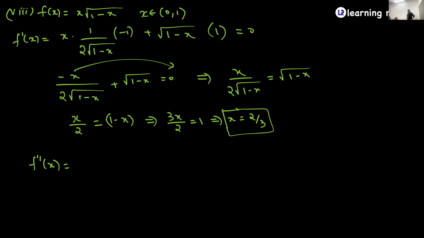So 2 by 3 power 1 by 3 square, 3 power 3 by 2, 2 by 3 power 3 by 2. Both are same. See. You either get 2 by 3 root 3, rationalize, 2 root 3 by 9. Both are same.